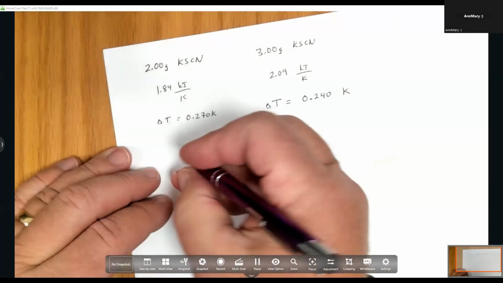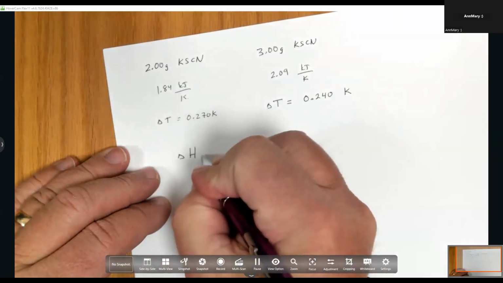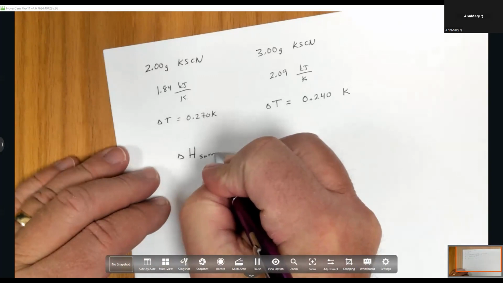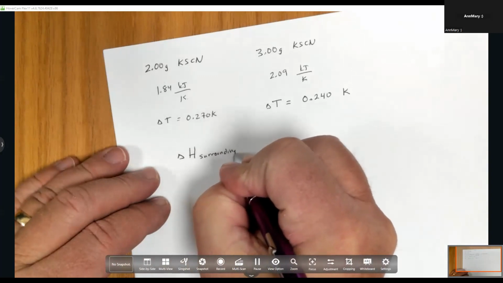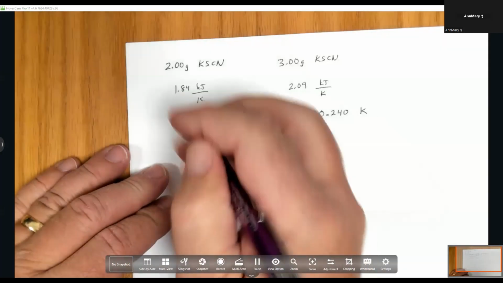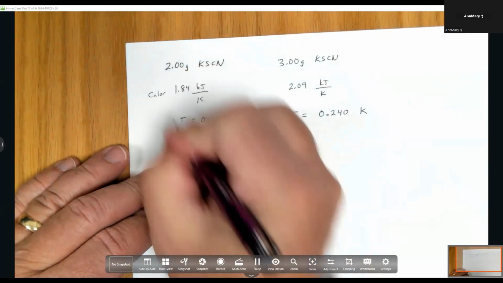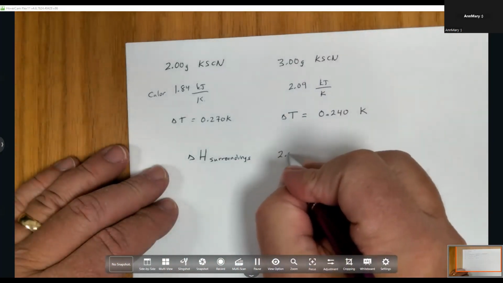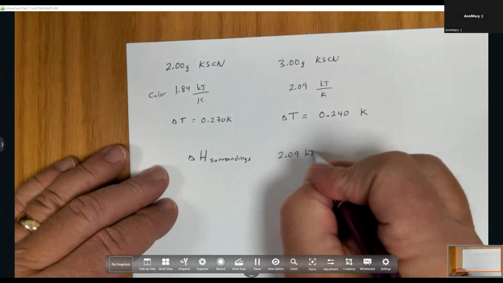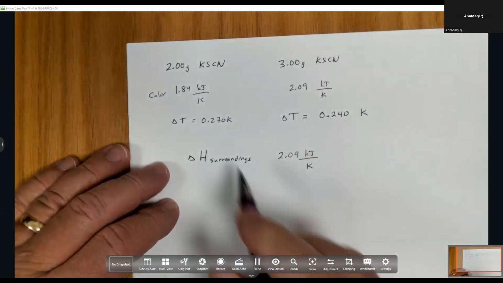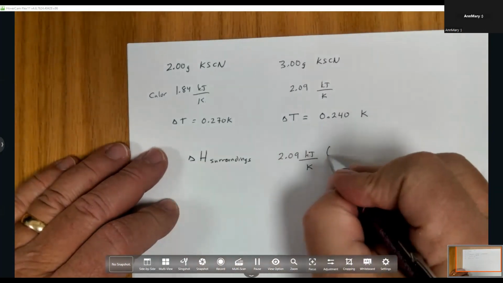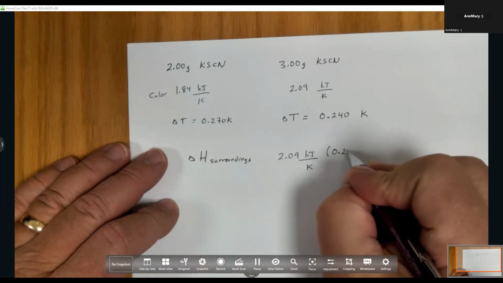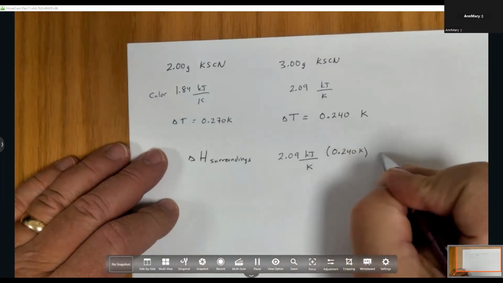All right, so we have to find the change in enthalpy of the surroundings. That's your calorimeter, which was 2.09 kilojoules per Kelvin, and we're going to multiply that by the change in temperature, which is 0.240 Kelvin.